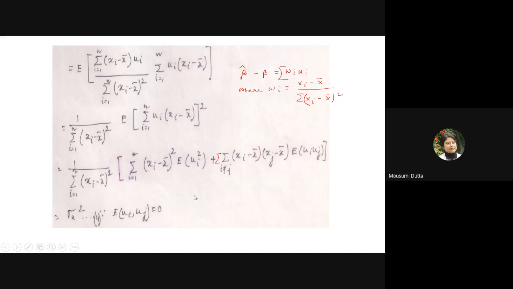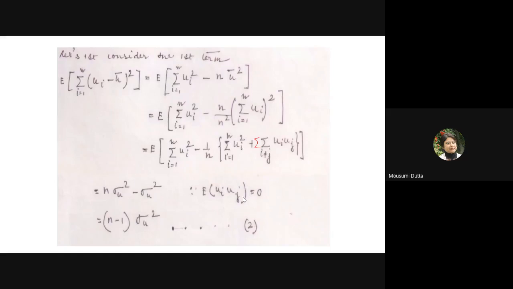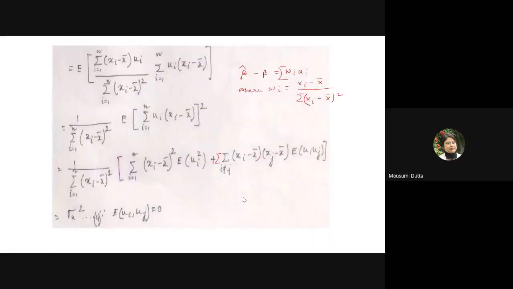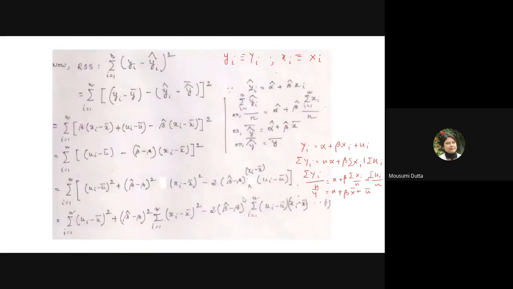So the third term simply provides us sigma u square. This is equation number 4. So once I get equations 2, 3, and 4, I'll plug these into equation number 1.